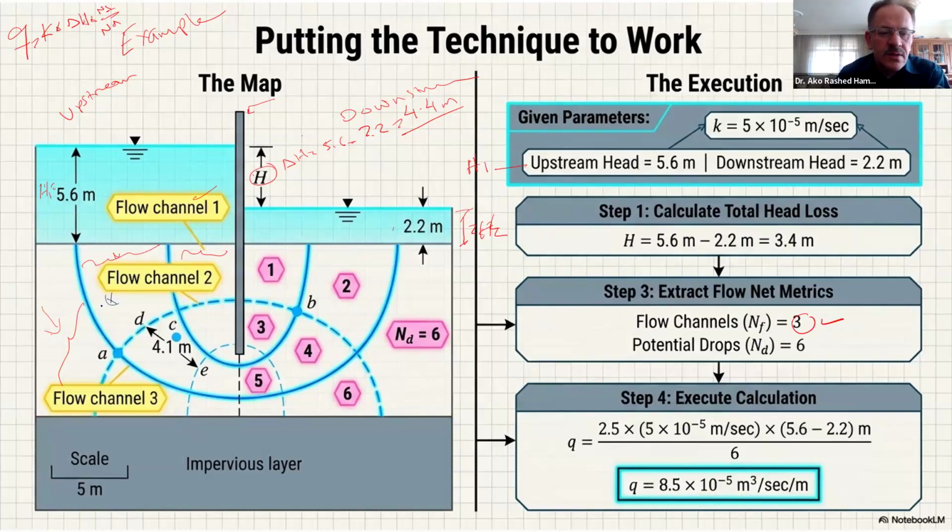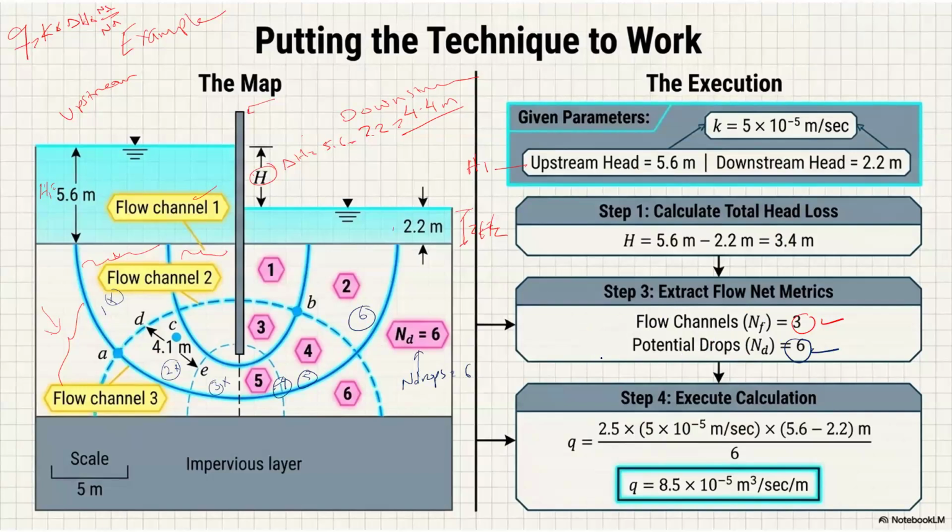That's 1, that's 2, that's 3, this is 4, that's 5, that's 6. So ND, the number of the drops, is equal to 6. Is that clear for you? All good, doctor. All good.